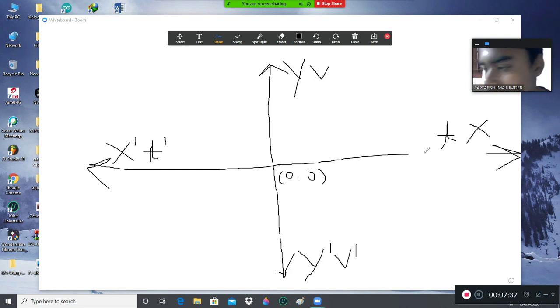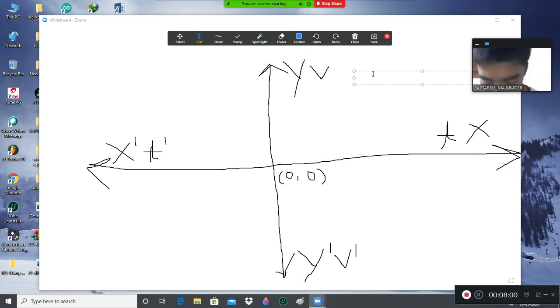So now the thing is that from 0 comma 0 point I will travel such a distance that it must be 60 degree to my time axis and the end point is vy comma tx. So what are my objectives?